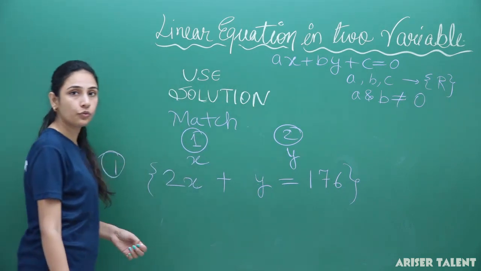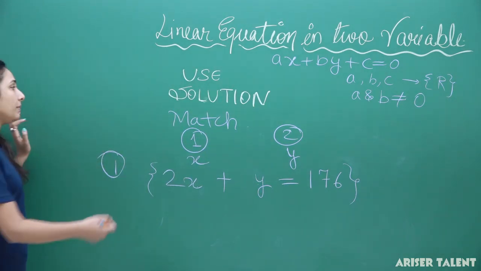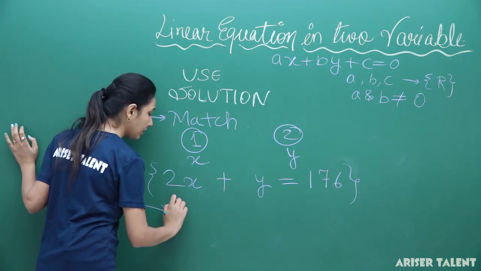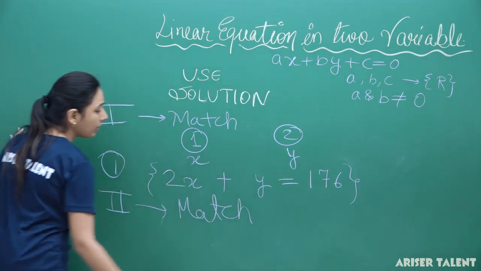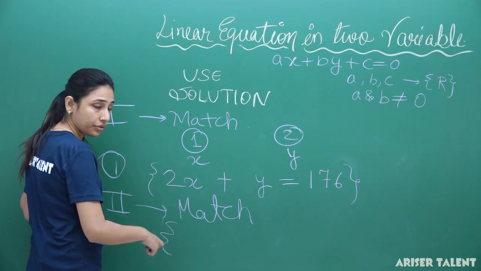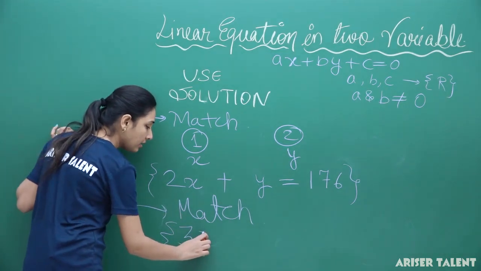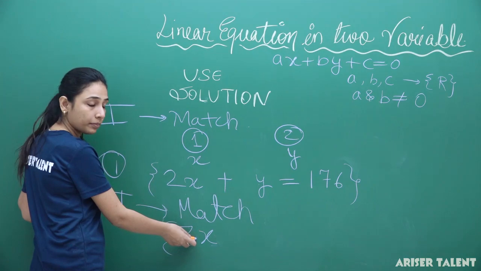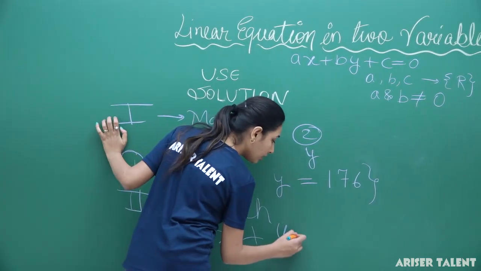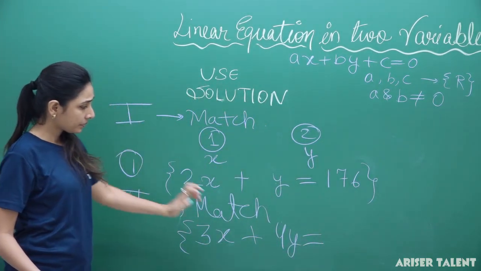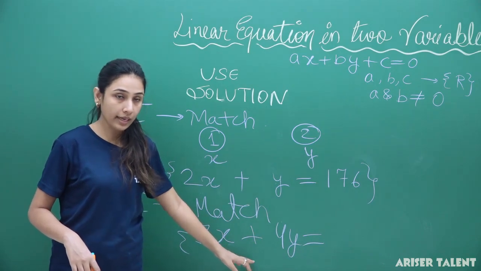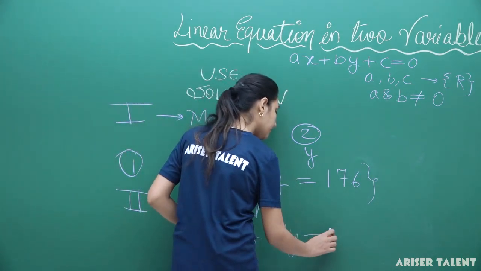Now how is this equation useful? If this first match is there, and I get a second match also, a cricket match or whatever you are having, in that scenario it tells us that thrice the runs made by the first player plus four times the runs made by the second player, where they made the same runs, is equal to a total of 480.